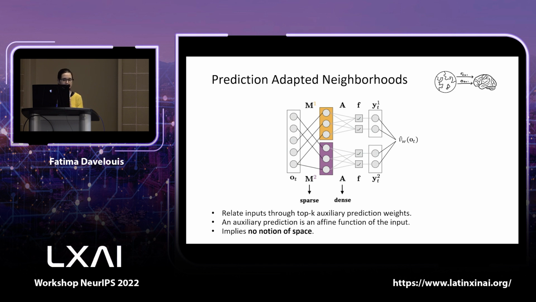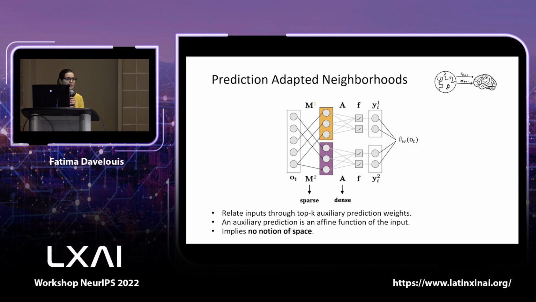And we're going to take that neighborhood and pass it through a dense layer shown by the matrix A. Then we pass it through a nonlinearity, and we get 2 nonlinear features that we then linearly combine to form an approximation of the main value function. So the M1 and M2 here are sparse matrices of zeros and ones that select the top k inputs for the orange and purple neighborhoods respectively.